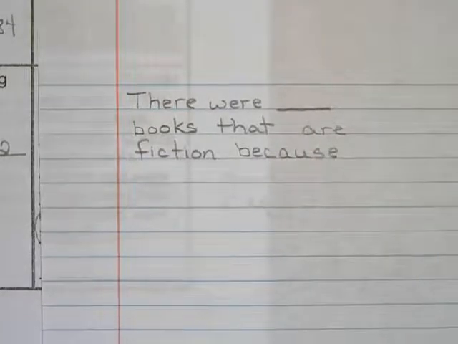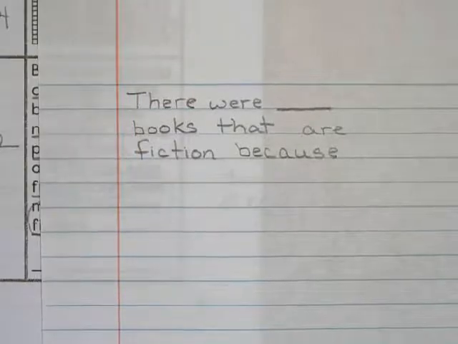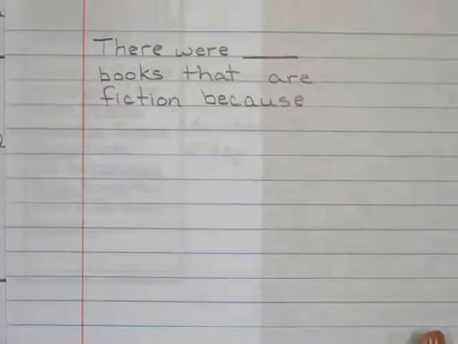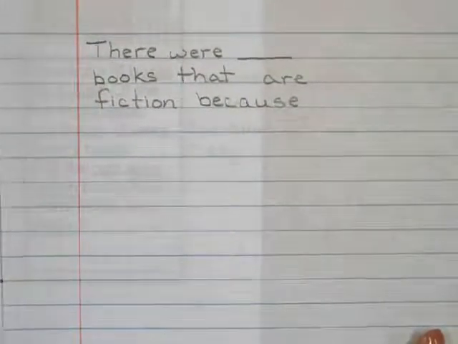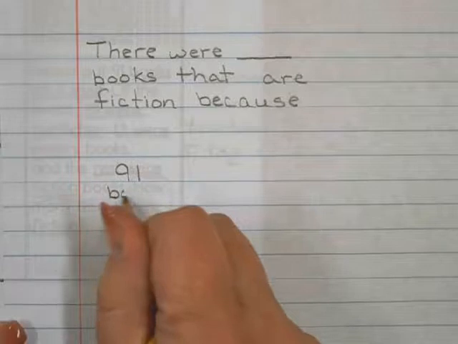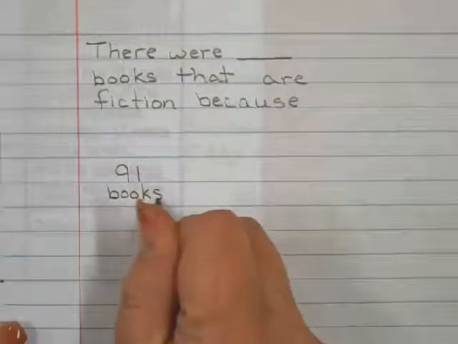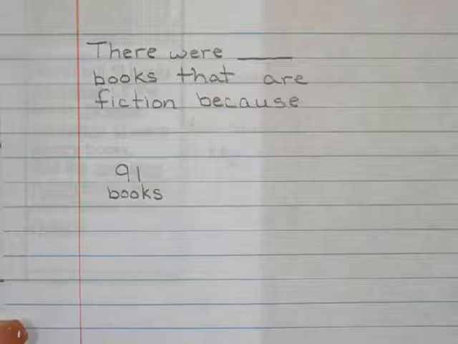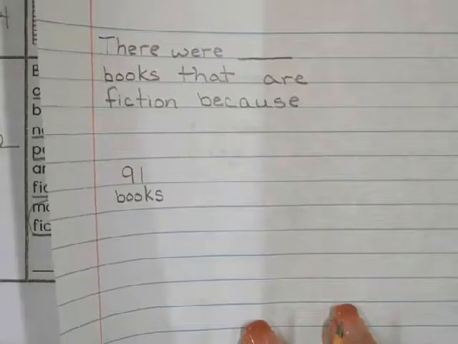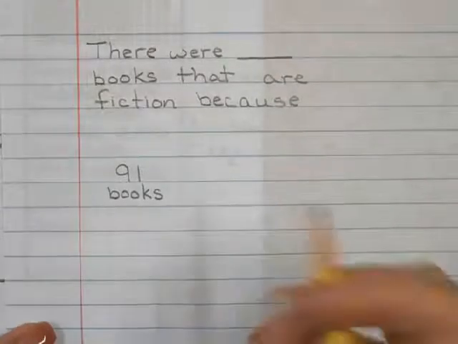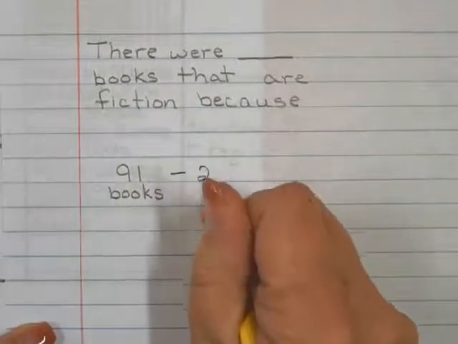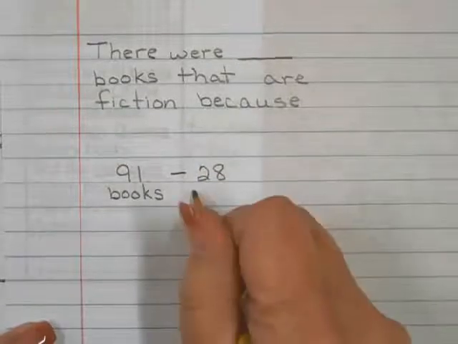Now we can take our understanding, using the information that we have in our word problem, and start thinking about what we want to do with the information. We know that we have 91 total books. Some of those books are going to be poetry books and some are going to be nonfiction books. Nonfiction are 28. So here's the total, and we're taking away part of those books as our nonfiction.